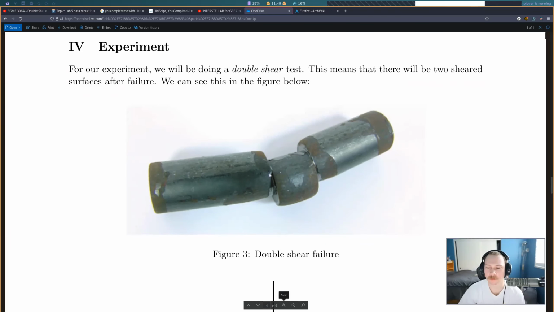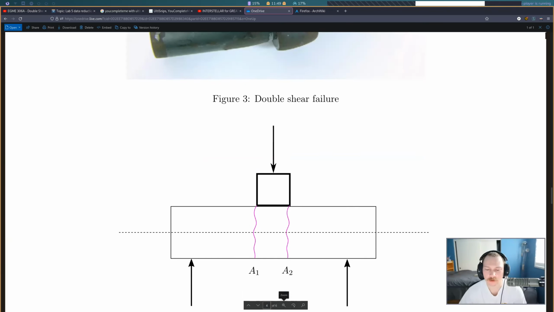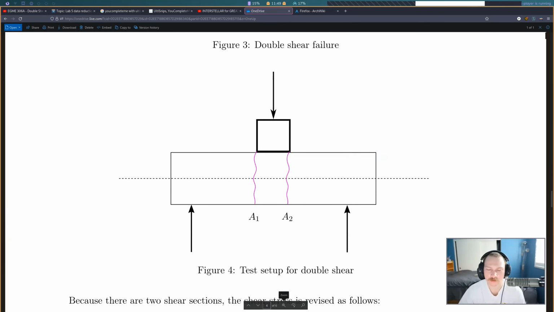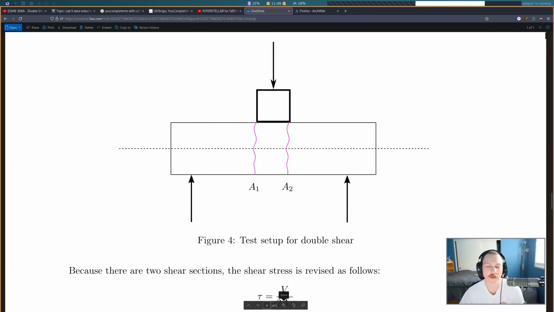All right. Okay. So this is what it's going to look like. This is a little schematic here, just to get a better idea. So we have this surface here that we talked about and this surface here. And we're going to use that to measure that cross-sectional area here.